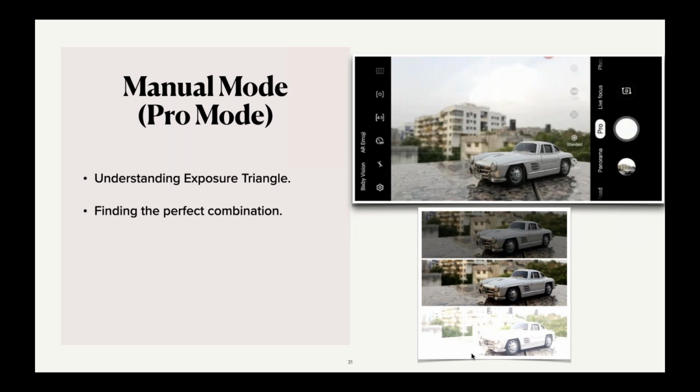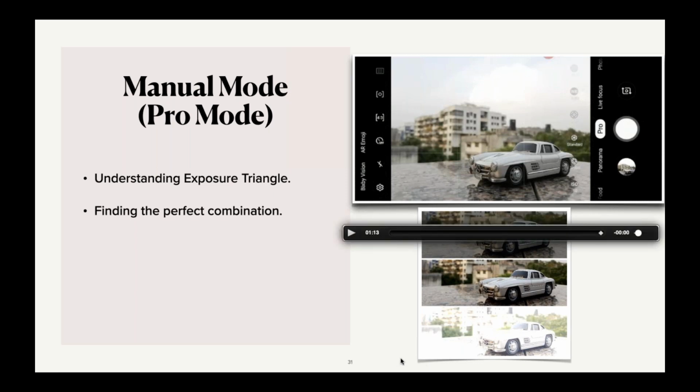You can see that this image is overexposed. Why overexposed? Because I've made the shutter speed very low, around 1 by 20, 1 by 40, which is letting major light come inside the image. So that's the image taken by that.